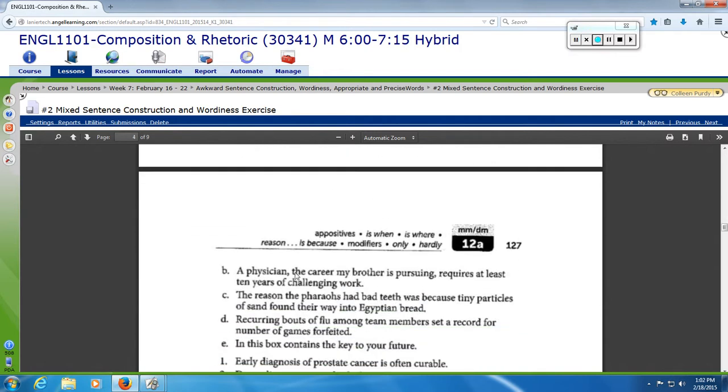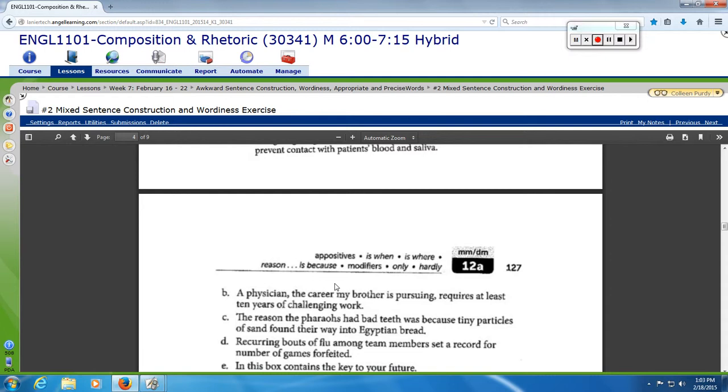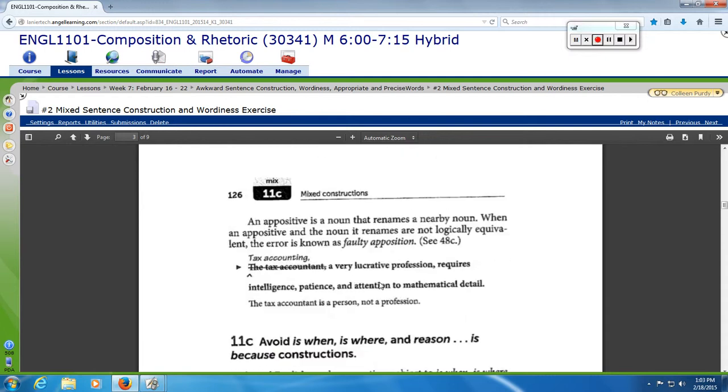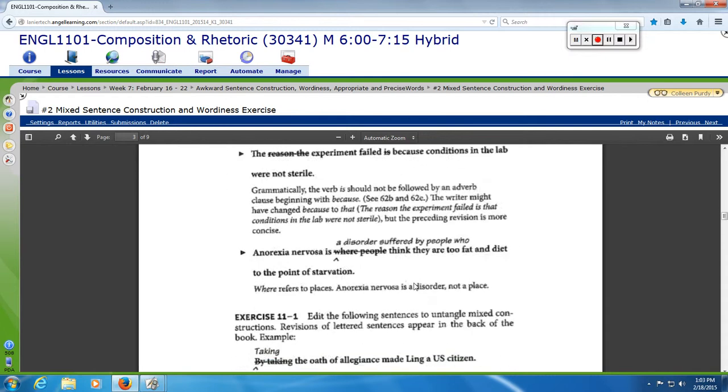"A physician, the career my brother is pursuing, requires at least 10 years of challenging work." This is an appositive, a physician, and immediately after it we are renaming physician, but this is the problem we ran into up above, which is faulty apposition.